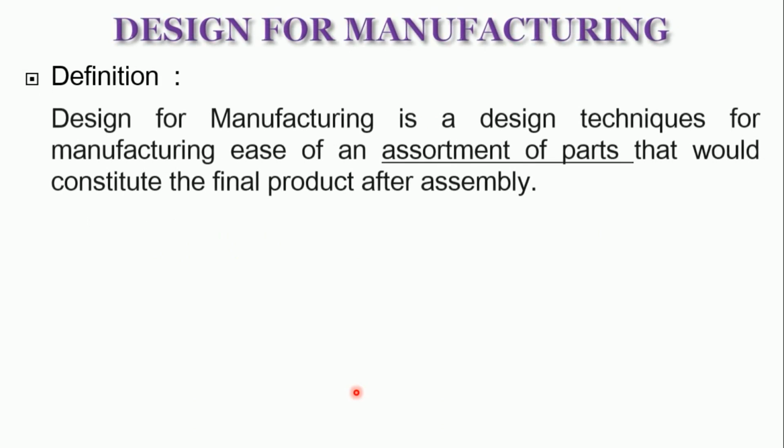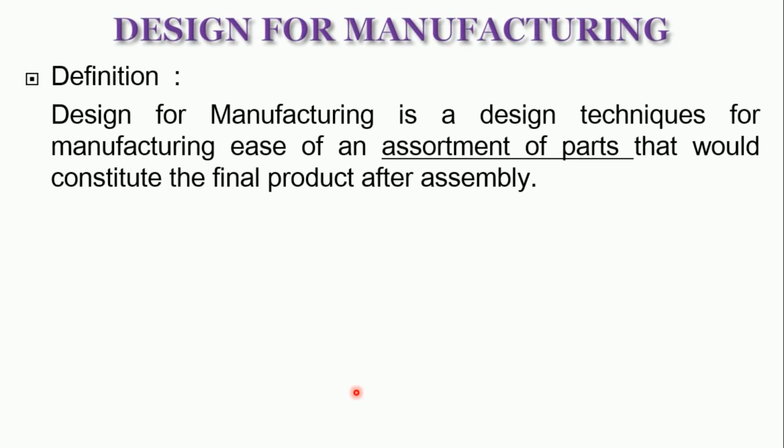What is design for manufacturing? What are the basic definitions for design for manufacturing? Design for manufacturing is a design technique for manufacturing each of an assortment of parts that would constitute the final product after assembly. This is the general definition.